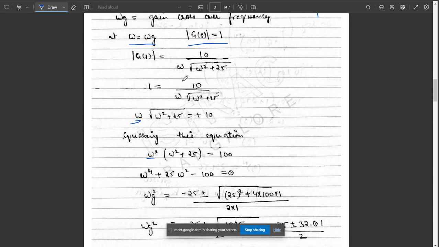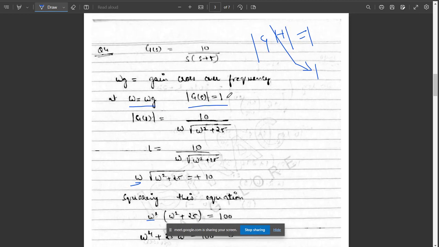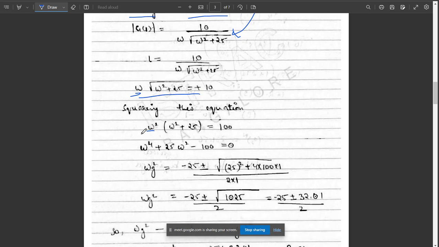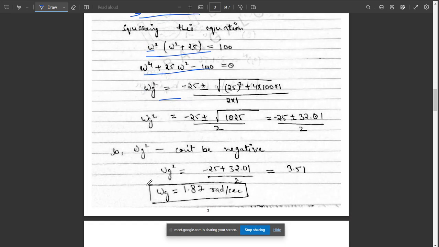You got the concept behind it, right? So you equate mod of G(s) equals 1 to the magnitude, and we solve it using simple arithmetic calculations and get omega g equals 1.87 radian per second. This is the correct answer.